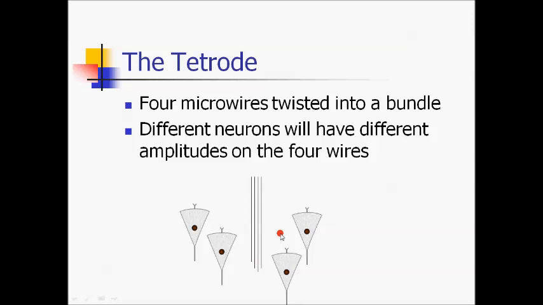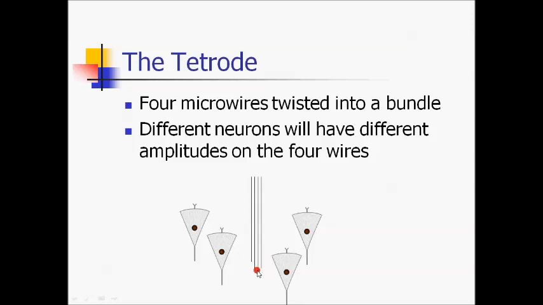The important thing to know is that we are using these 4 wires to better see which neuron fires when. So for example, because this wire is closer to this neuron, spikes from this neuron will have larger amplitude on this wire, but smaller amplitude on this wire. And for this neuron, it will be vice versa. It will have larger spikes on this wire and smaller on this.